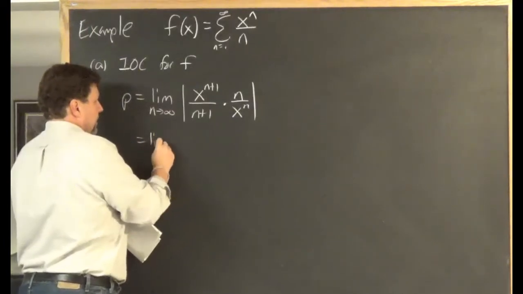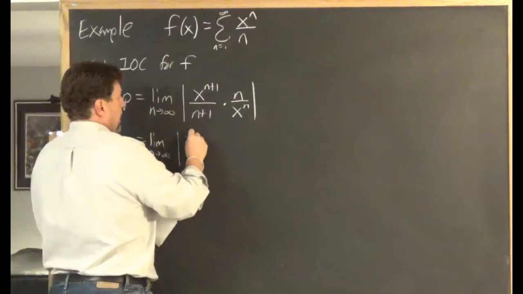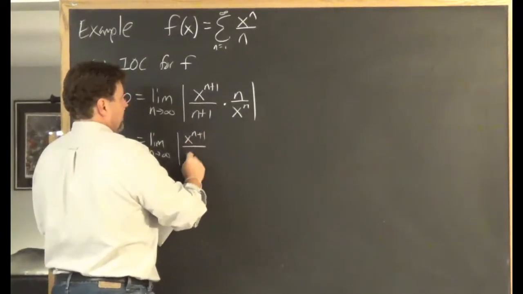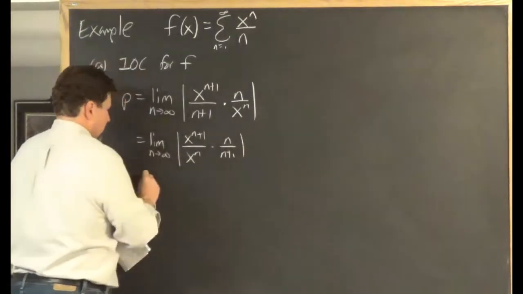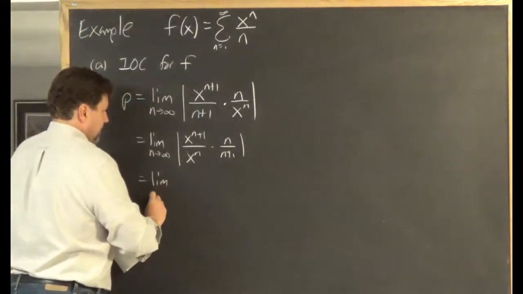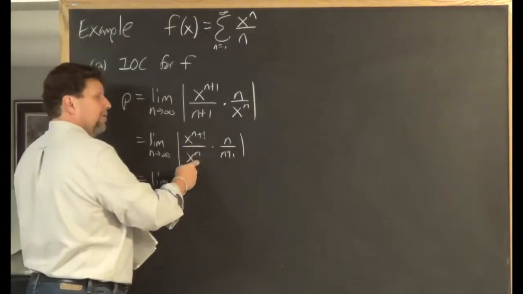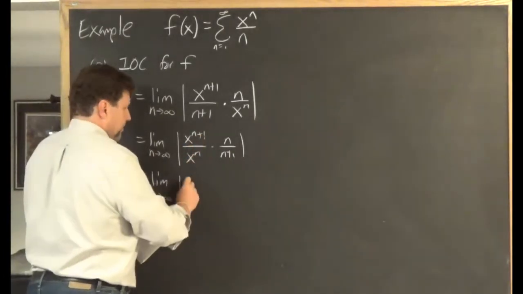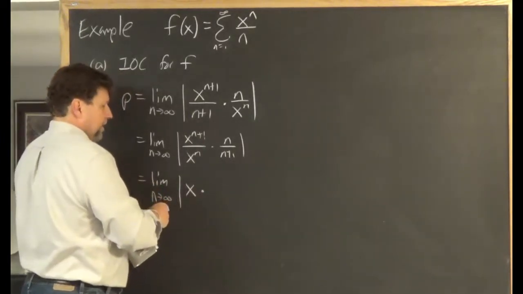So we get the limit as n goes to infinity. X to the n plus 1 over x to the n simplifies to x. And so we're just looking at the limit as n goes to infinity.